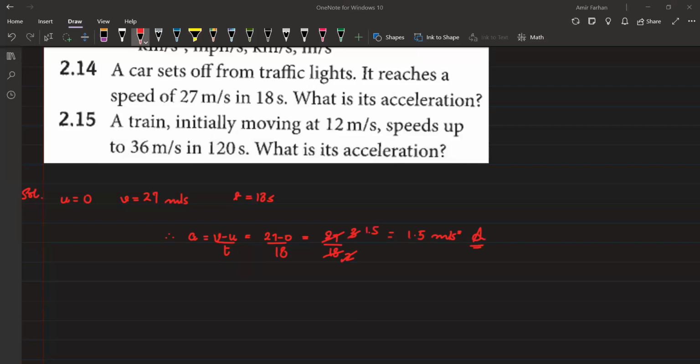Do the second one, Ayaan. A train initially moving at one speed speeds up to 36. What is its acceleration?